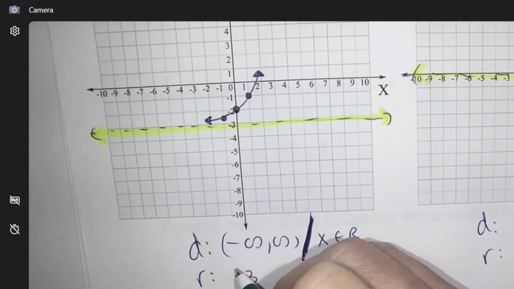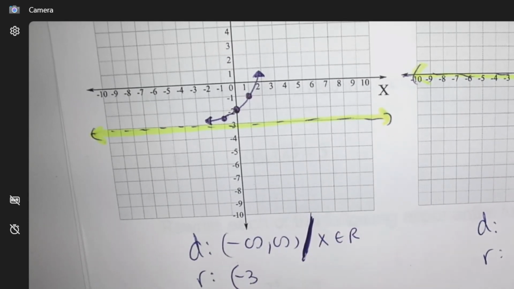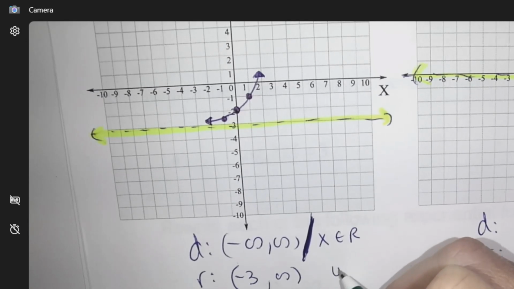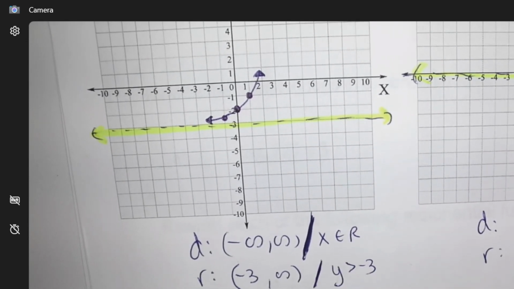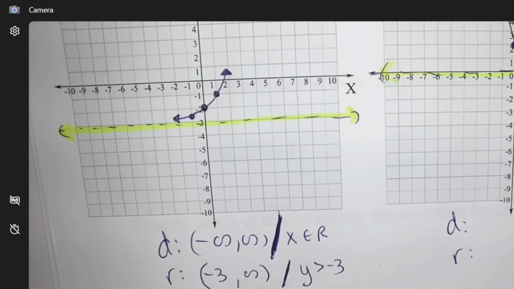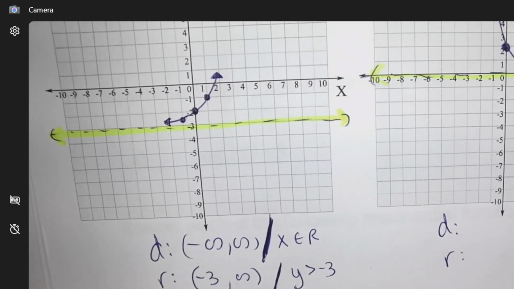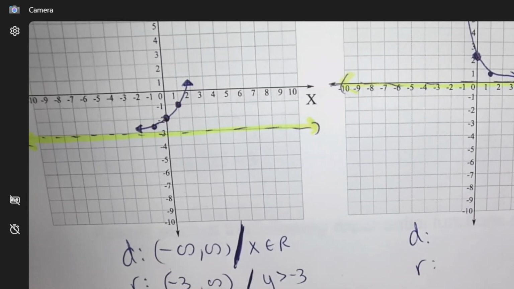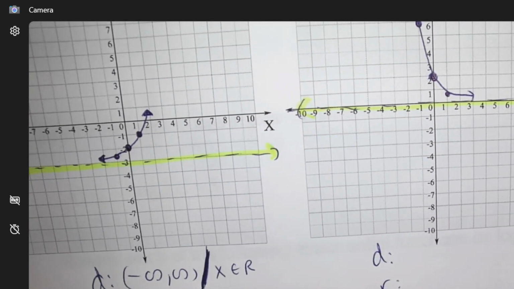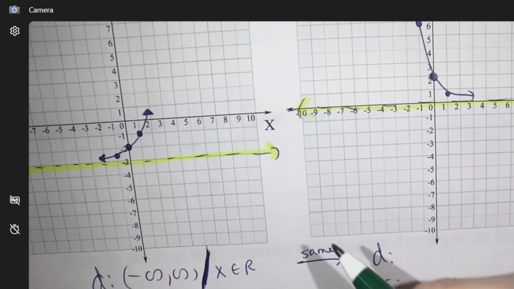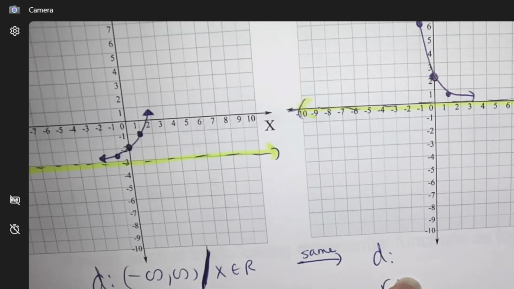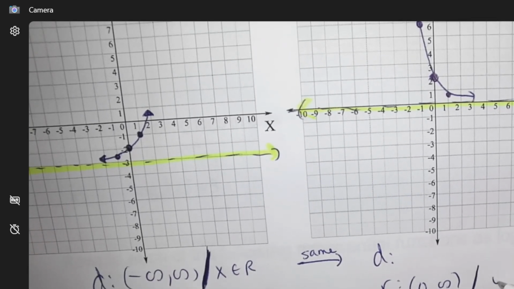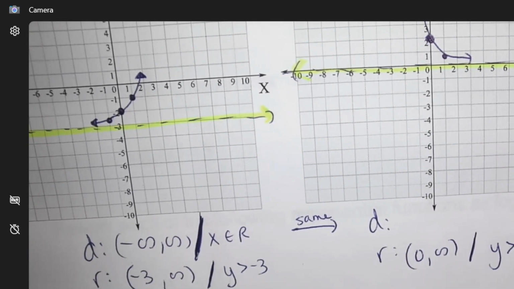So the lowest is -3, and then up. Okay, so on this one, the domain is the same, right? But the range is restricted at 0.